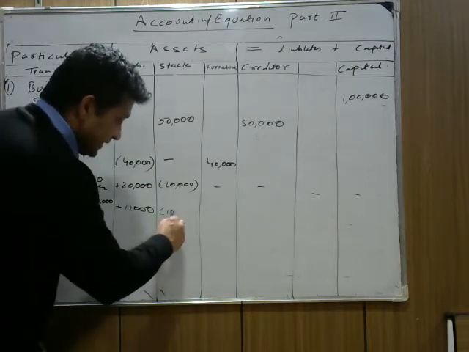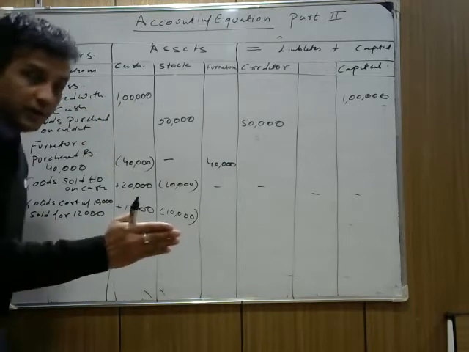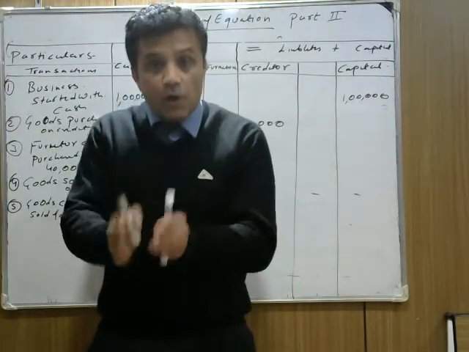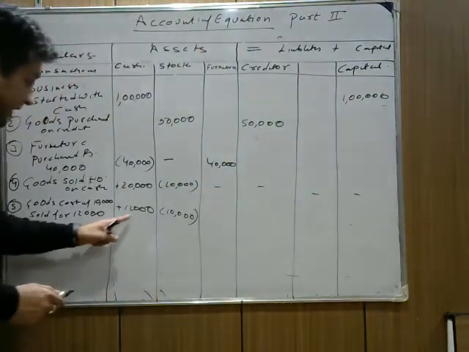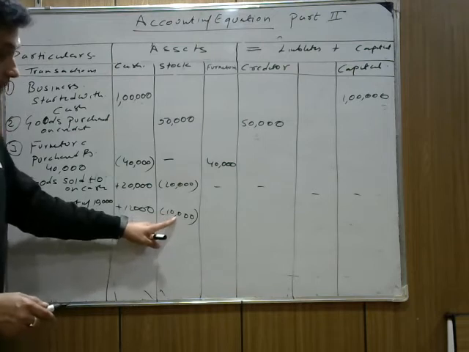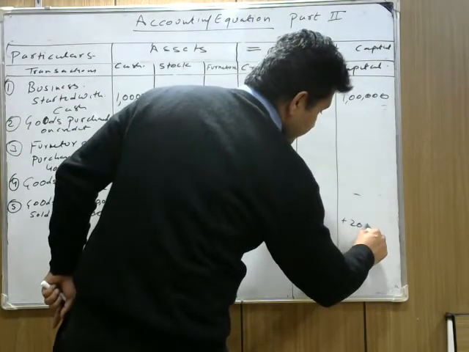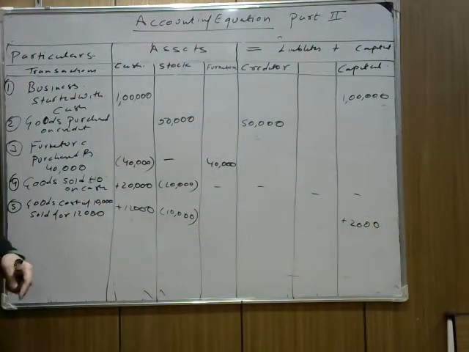How much do goods decrease? Goods decrease by 10,000 because you sold goods worth rupees 10,000 for 12,000. Okay, is that clear now? It means you get cash of rupees 12,000, the goods of 10,000 you sold, and you get a profit of rupees 2,000. So whenever there is profit, it increases the capital.